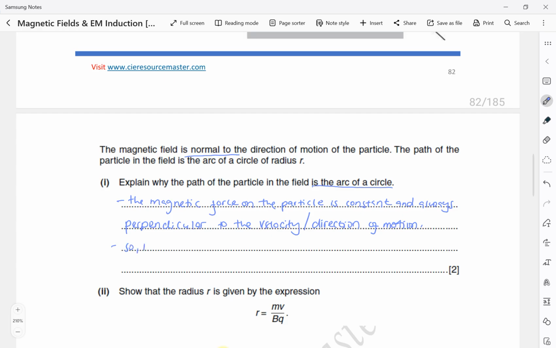So the speed of the particle remains constant, or does not change.